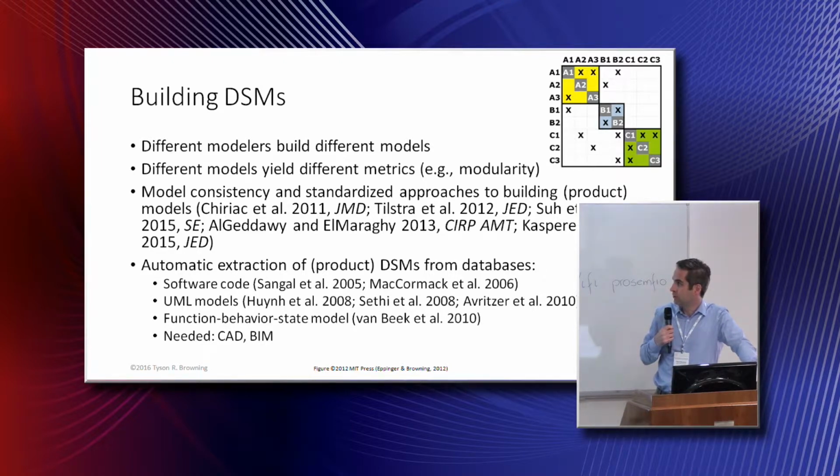Another challenge, different models yield different metrics. So if you've seen many DSM papers or cases, you may have seen that often people will try to take a DSM model and measure something in it, like amount of modularity or in degree, out degree of the components. How many inputs or outputs do they have, that sort of thing. But of course, all that depends on these decisions we've made up front about how many components and relationships we've captured in the model.